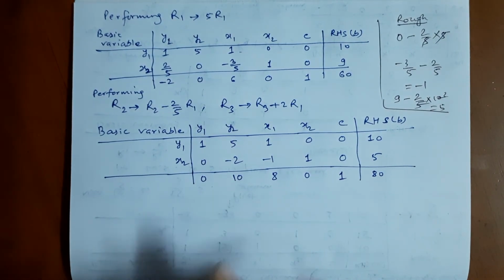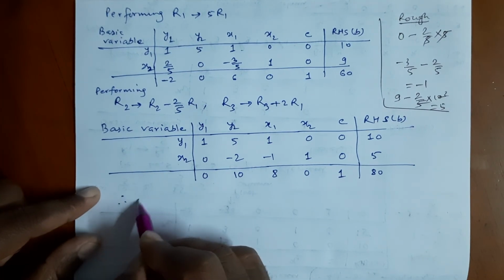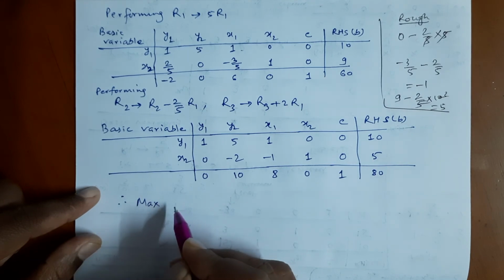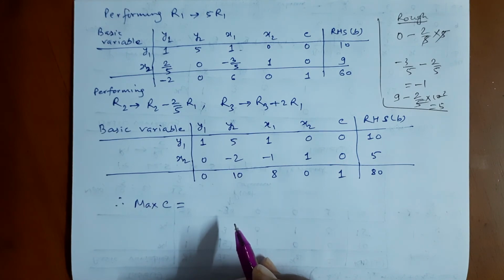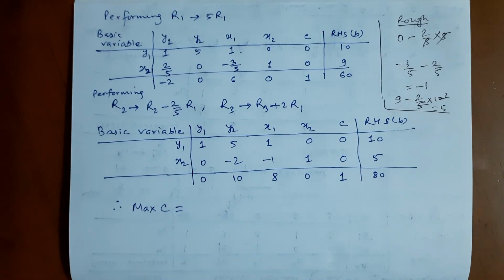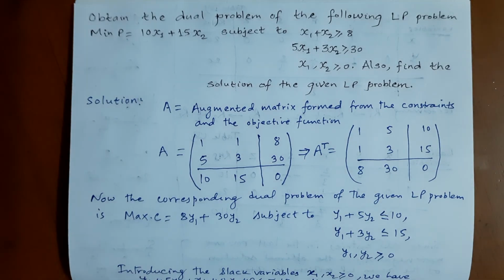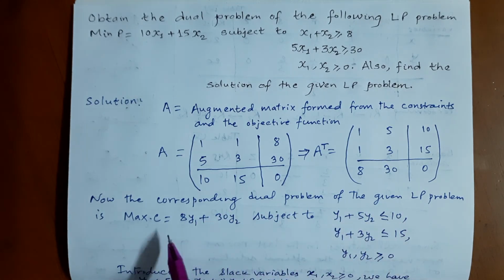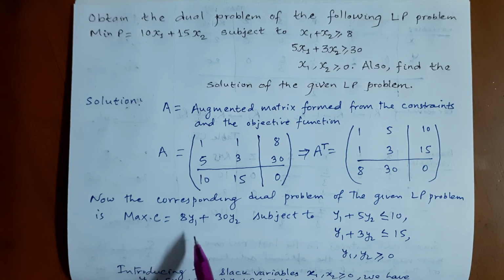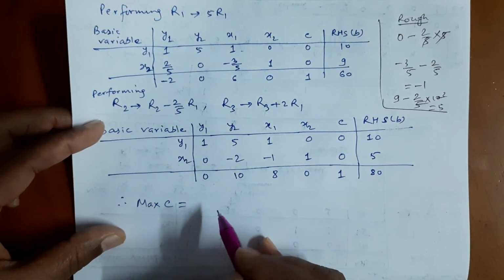Therefore, maximum of C equals our new objective function C, as you can see here. In the corresponding dual problem, the given LP problem is maximum C here. So maximum C we can find from the dual problem we have solved.